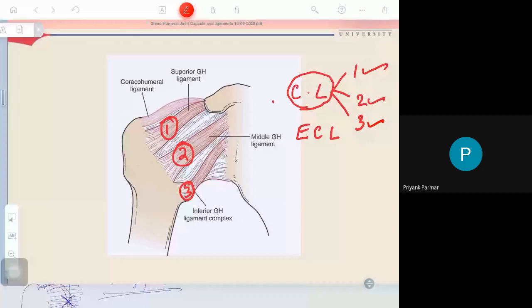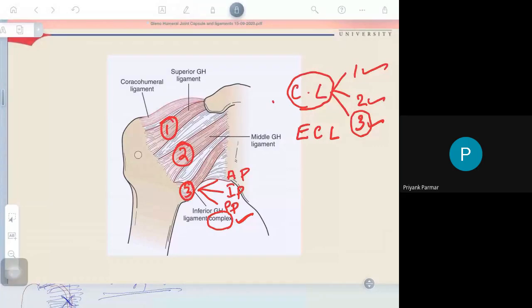This inferior glenohumeral ligament is not simply called the inferior glenohumeral ligament. It is called a complex, the inferior glenohumeral ligament complex. Why? Because this third ligament comprises an anterior part, inferior part, and posterior part. Clear? What you are seeing here is anterior.